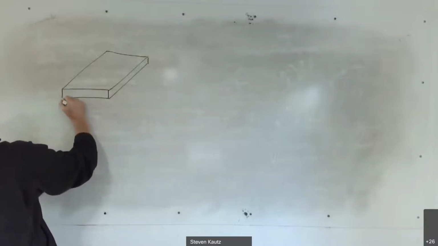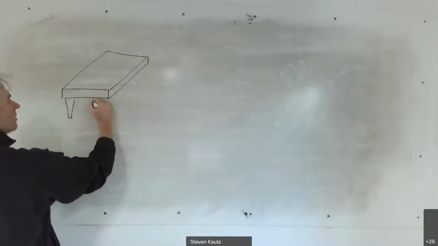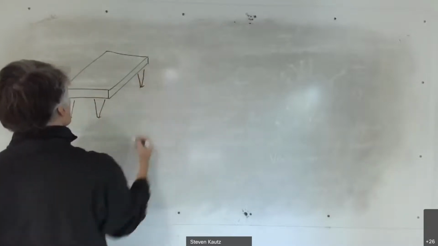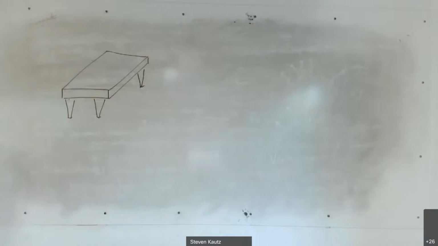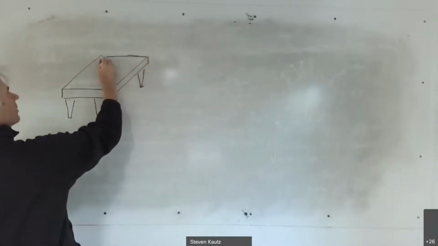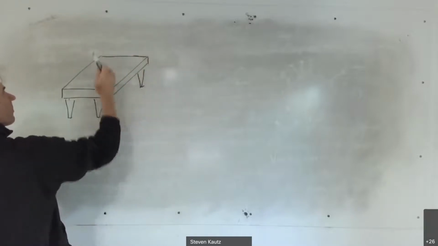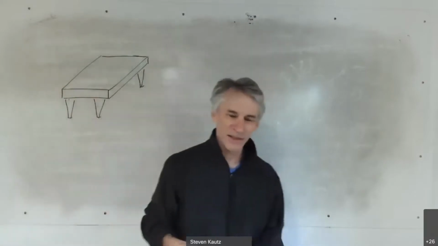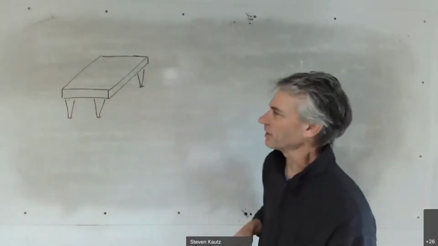Maybe we have some tapered round legs, something like that. But there's my cheap IKEA coffee table, made of this pressed wood that is, again, sawdust and glue stuck together.